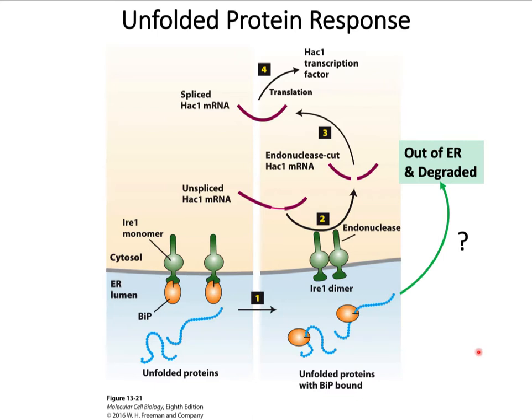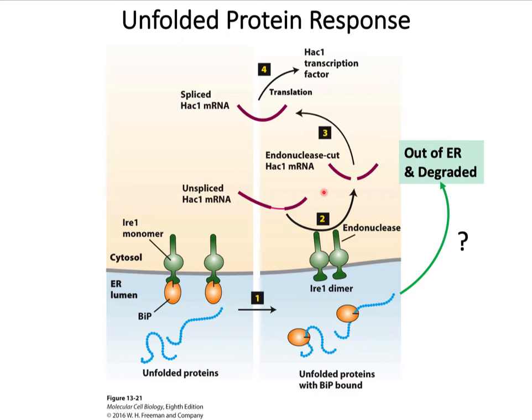Now, in the cytosol of the cell, there is the messenger RNA that encodes a transcription factor known as HAC1, and in this example, it is unspliced. When the IRE1 endonuclease becomes activated, it binds to the HAC1 messenger RNA and cleaves it in such a way that you now have a mature, functional RNA encoding this transcription factor.